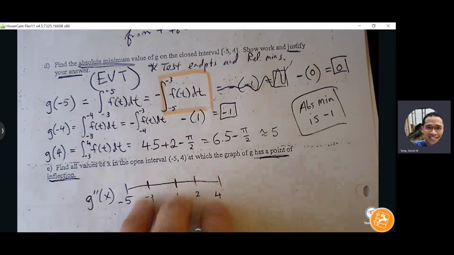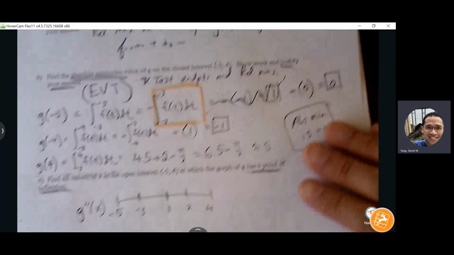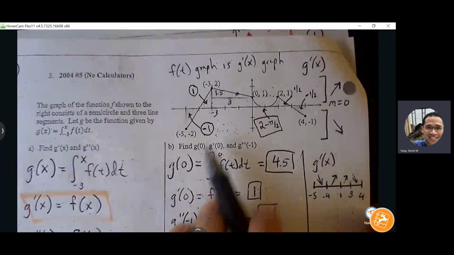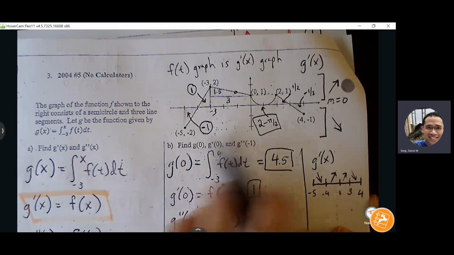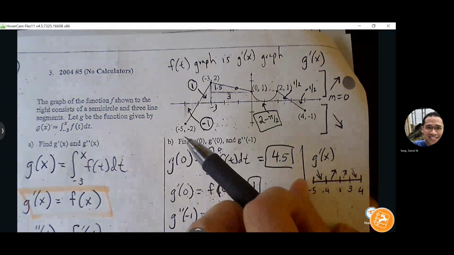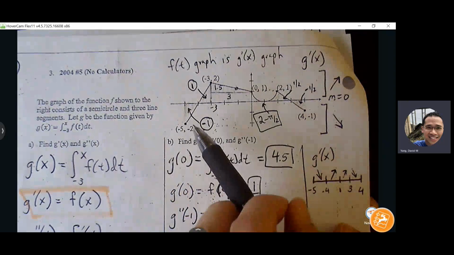But I just want to fill out the rest of this concavity sign line, just for our frame of reference in case the problem is asking for concave up and concave down. So if you're looking at the first derivative graph, how do you find the intervals where the graph is concave up? Slope, right? Slope is positive. Don't look at the curvature, look at the slope.